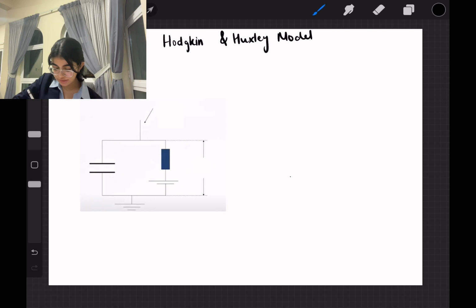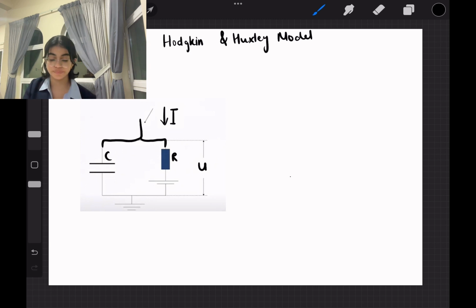An RC circuit contains a resistor and a capacitor, and current is injected into it, which will flow through the different components. There's also a potential difference of U. To find the total current in the circuit, we can add the current of the capacitor plus the current of the resistor.